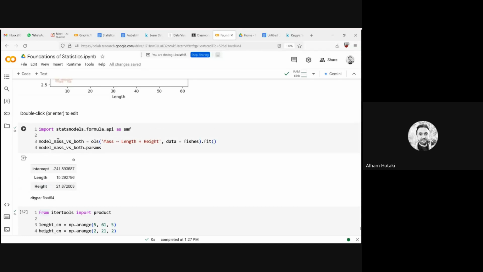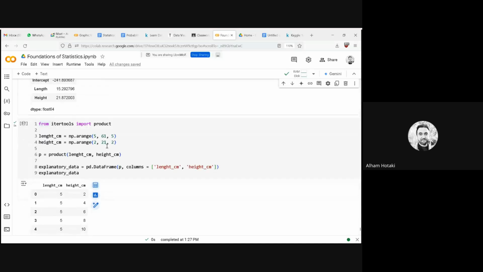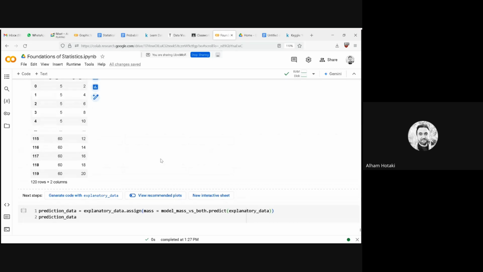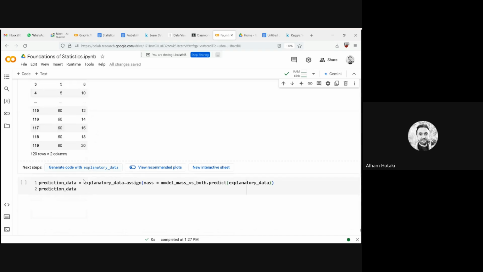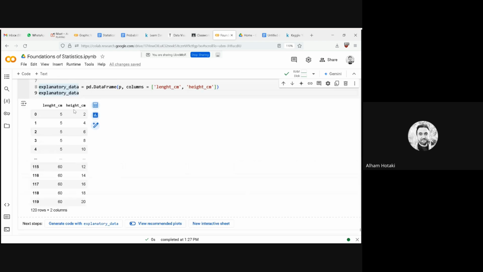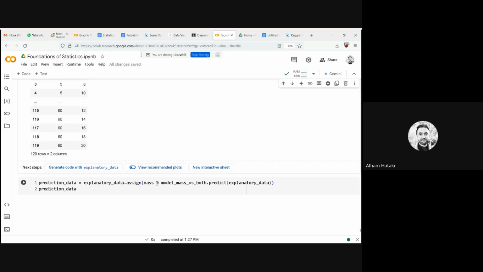Put the prediction of the explanatory data. So this is the prediction data. Just develop that here to create a new column called mass_g, for example, and predict the model outputs for each of them.